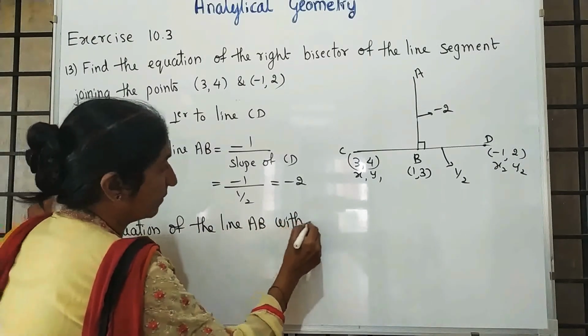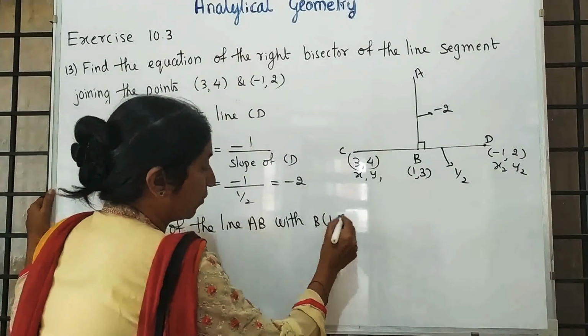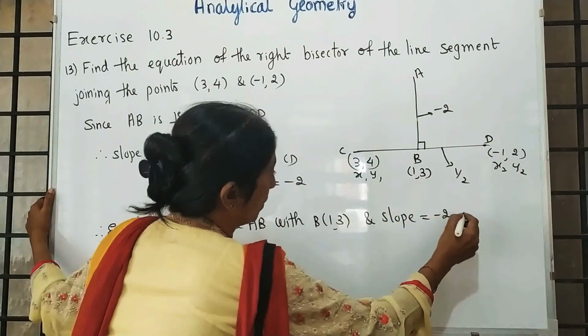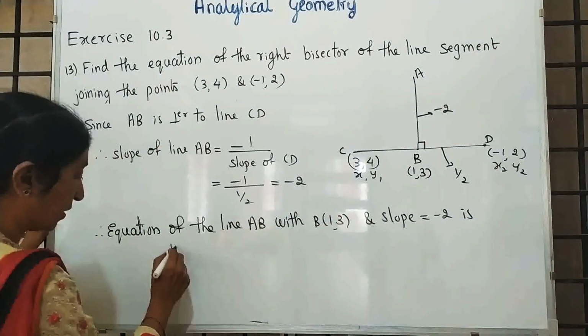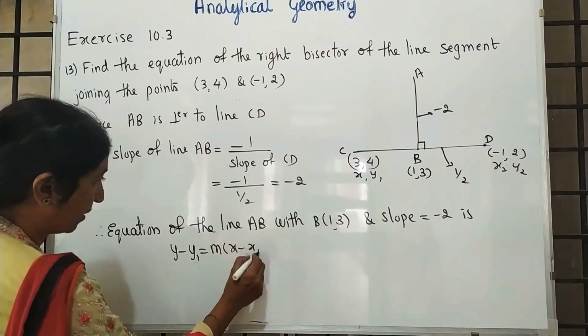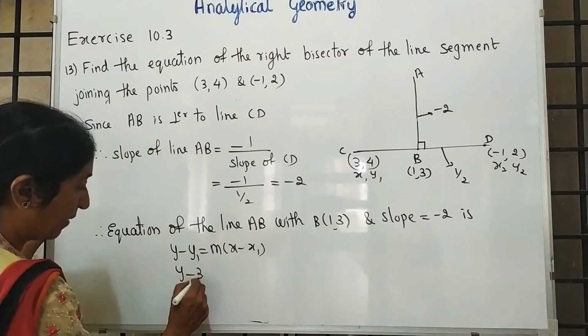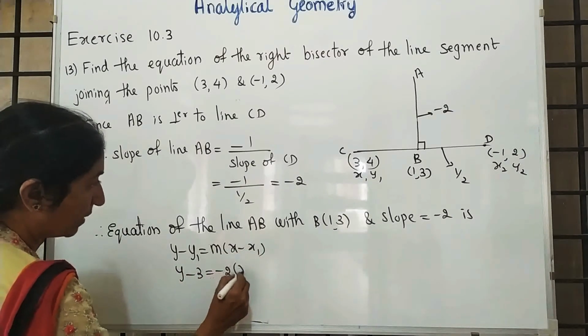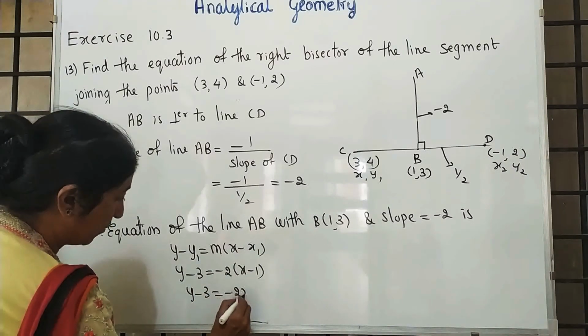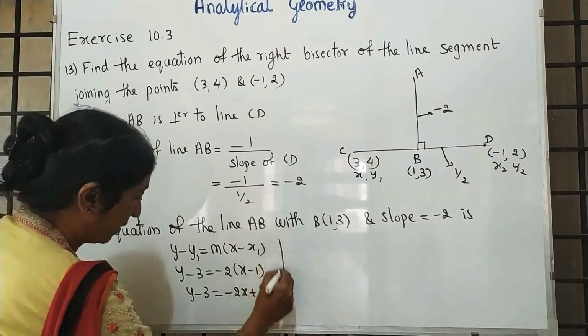with B (1, 3) and slope minus 2 is, which formula are we using? y minus y1 is equal to m into x minus x1. y minus 3 is equal to minus 2 into x minus 1. y minus 3 is equal to minus 2x plus 2.